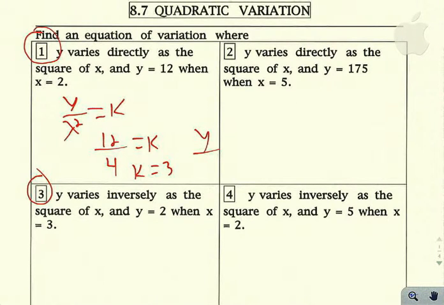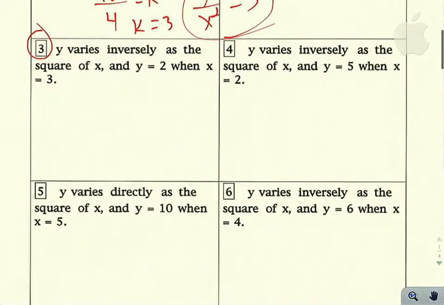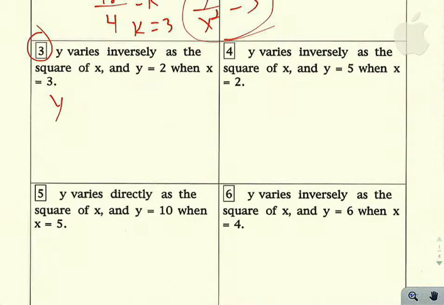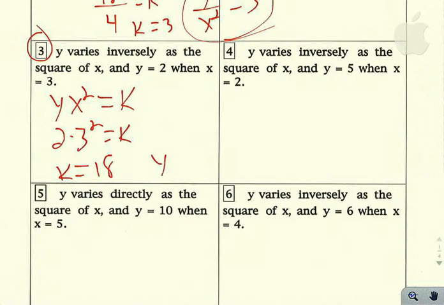That means our equation y over x squared is 3. Number 3, y varies inversely as the square of x. So yx squared equals k. Plug in 2 for y and 3 for x. And you see k is 18. So yx squared is 18.